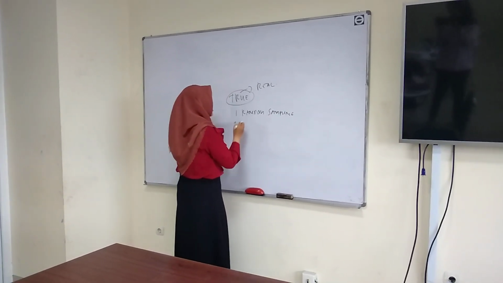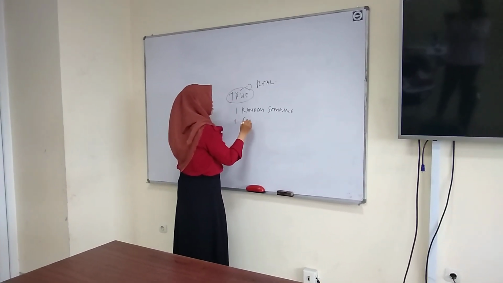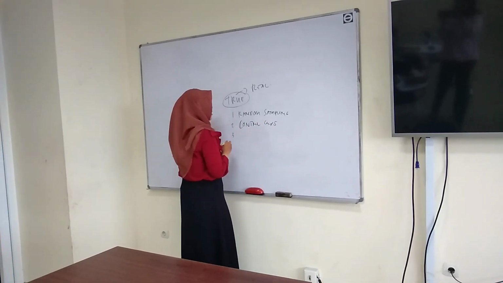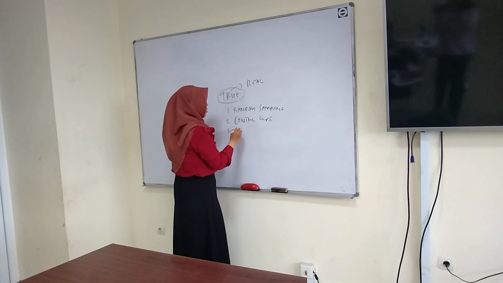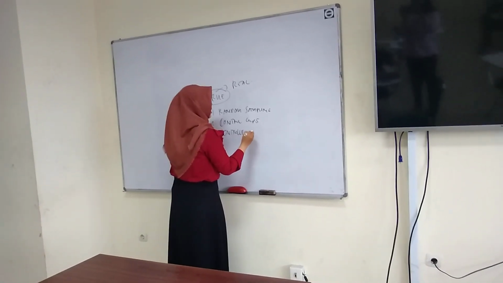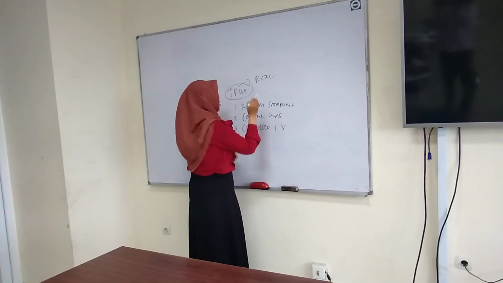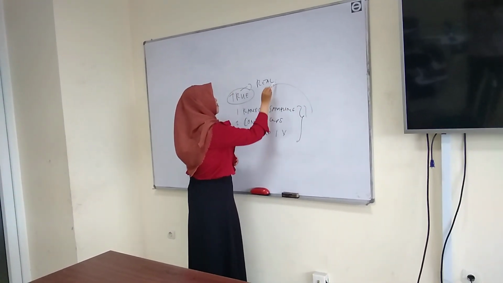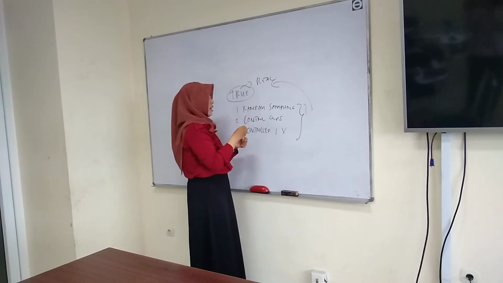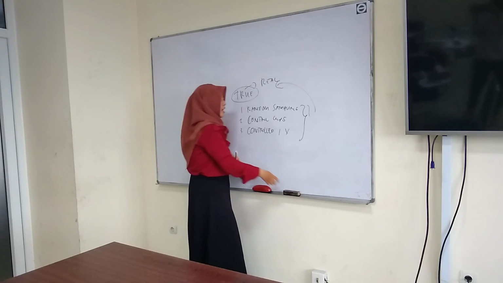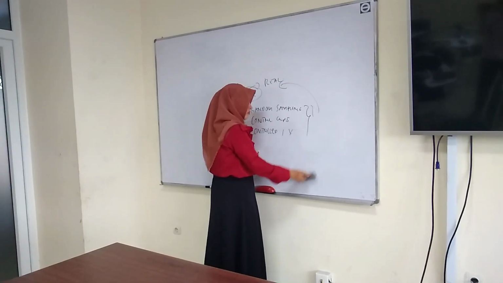The second one, there are control groups. And the third is controlled independent variables. So from these characteristics, we can conclude that this is the real and most appropriate design to use in experimental research.